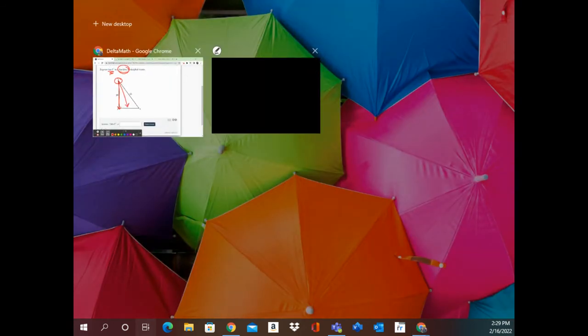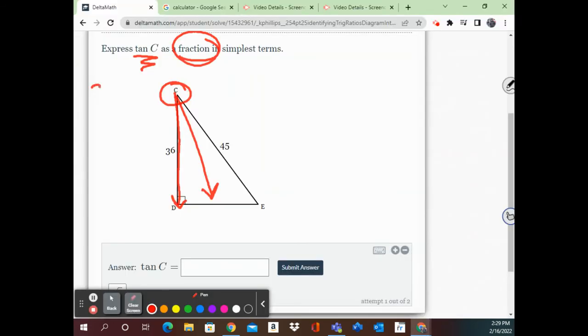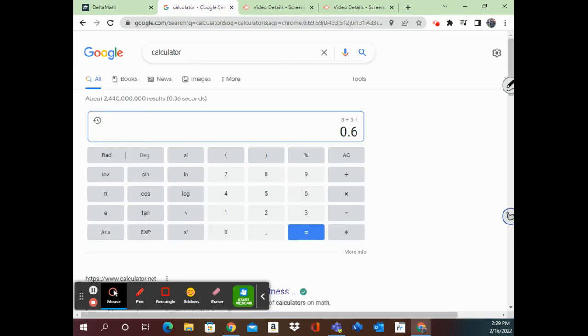So we'll have 36 squared plus b squared equal to 45 squared. So b squared will give me 45 squared minus 36 squared. So that's 45 times 45, which gives me 2025.